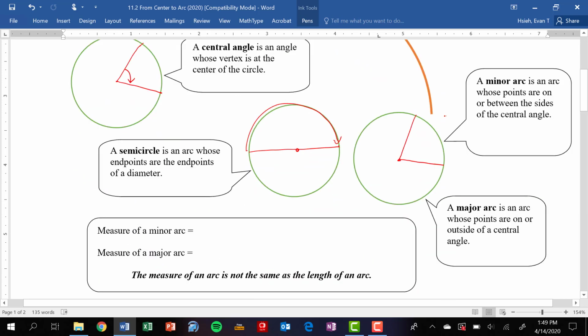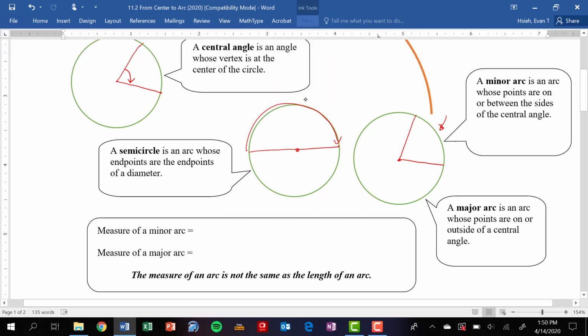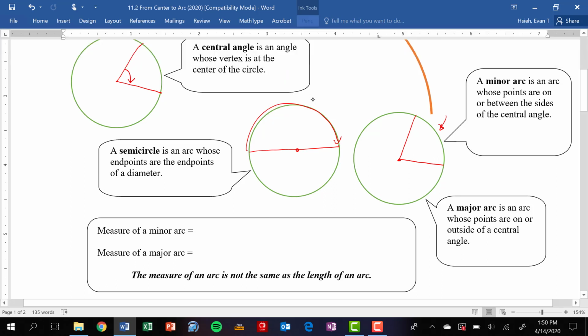the inside part of it is what we call the minor arc. And the back side of it, which we generally don't refer to when we're talking about a central angle, has an arc here that is called the major arc.